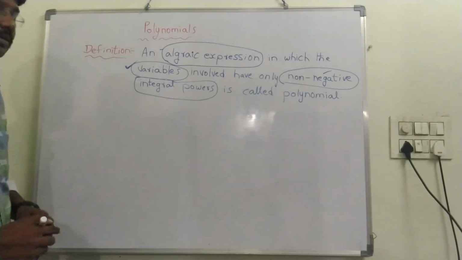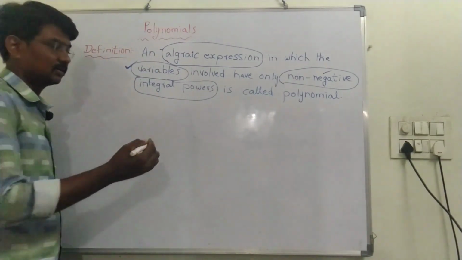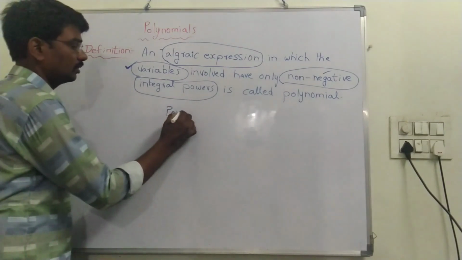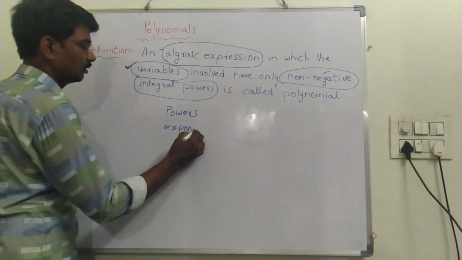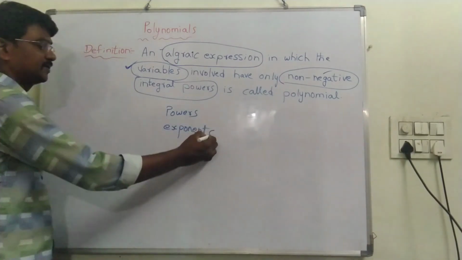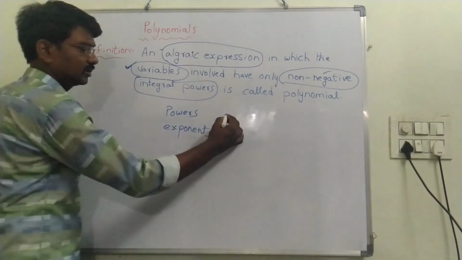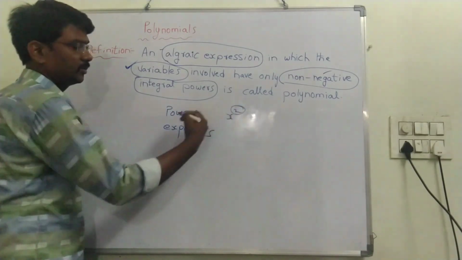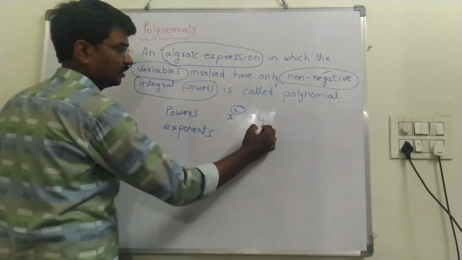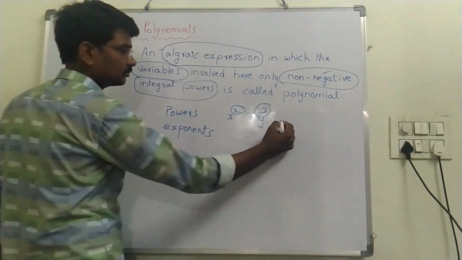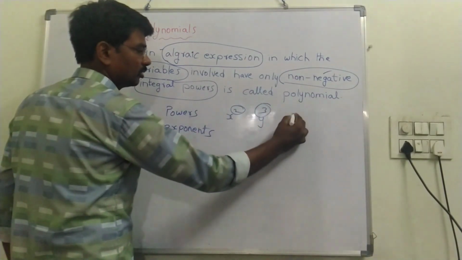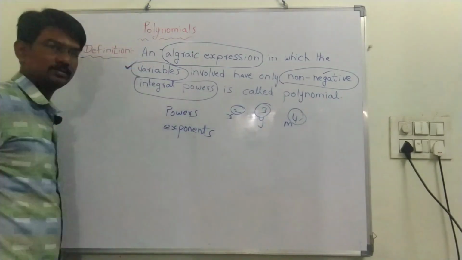Next, powers, or exponents. Power or exponent, we can call either. For suppose, in x squared, 2 is the power. In y cubed, 3 is the power. In m to the power of 4, 4 is the power.